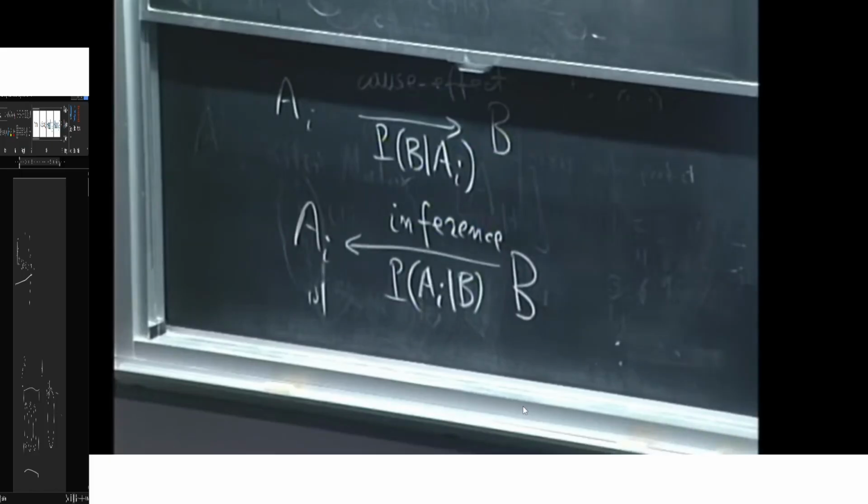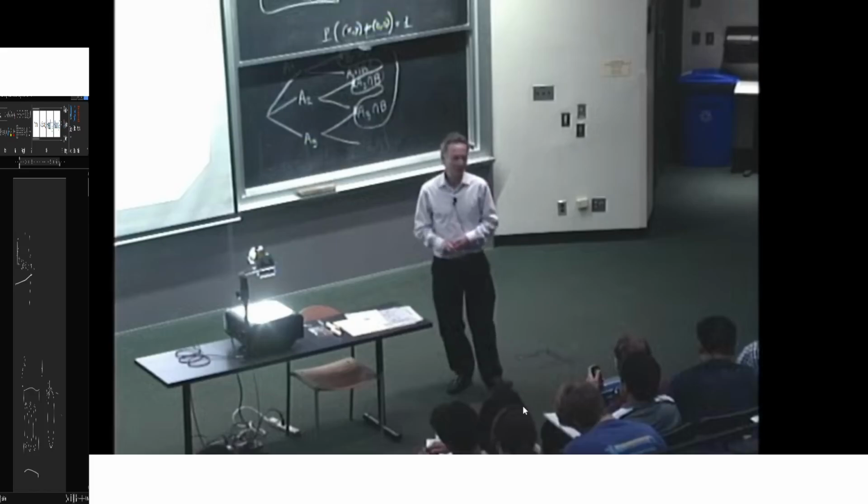So the name of the Bayes rule comes from Thomas Bayes, a British theologian back in the 1700s. This calculation addresses a basic philosophical problem.